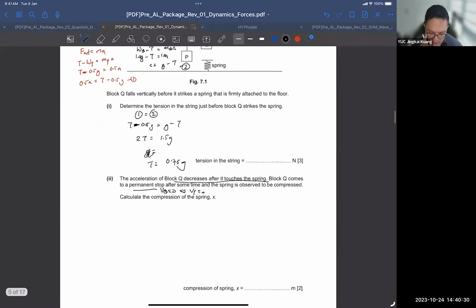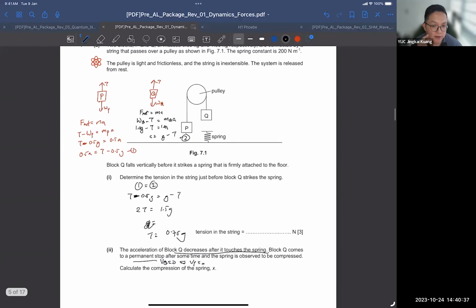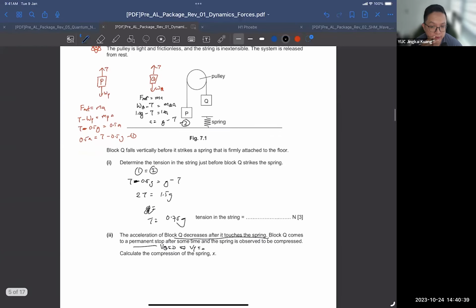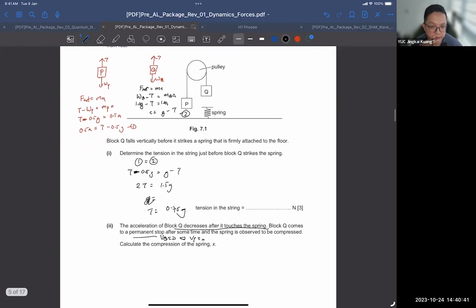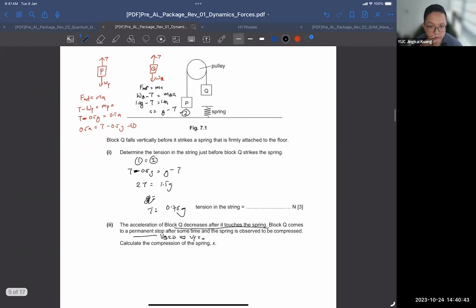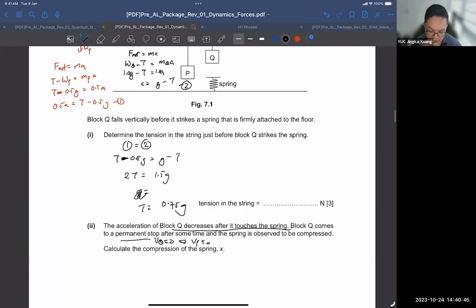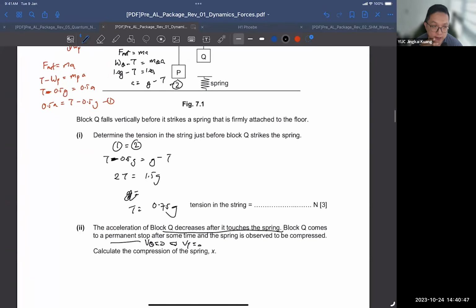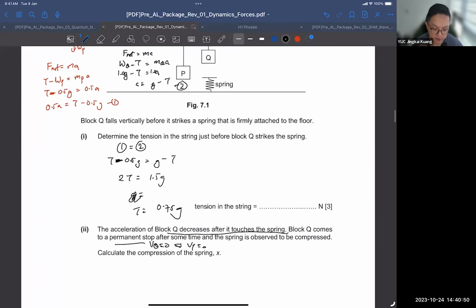Calculate the compression of the spring. They never give us the height, so this is actually quite interesting. Let's see what we can do. If there's no spring, consider the final velocity of the two of them.